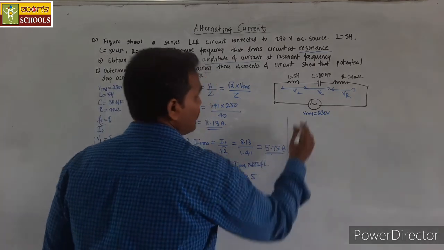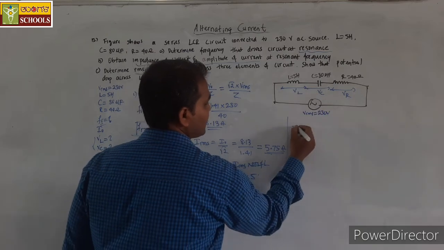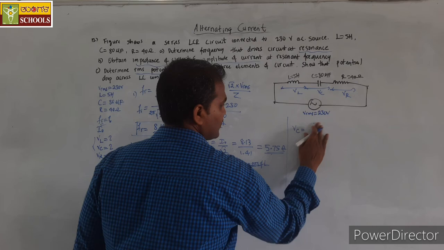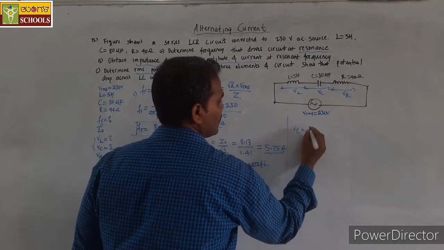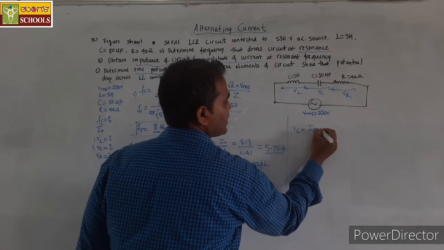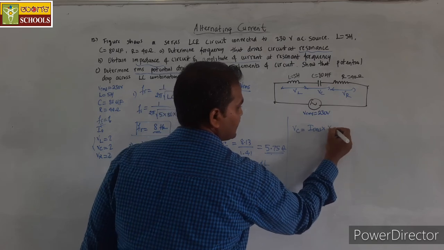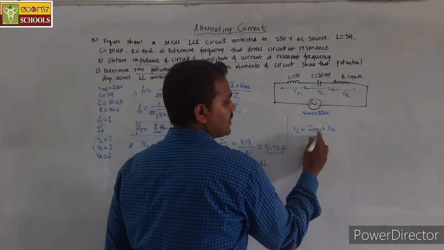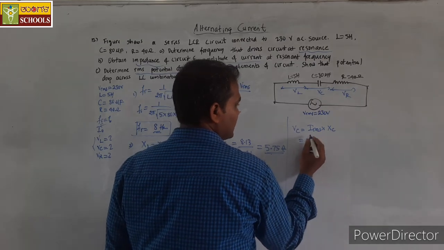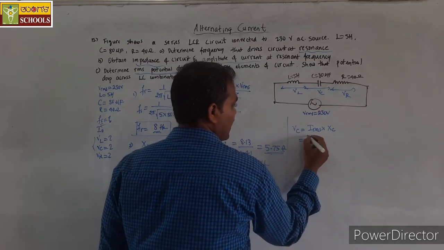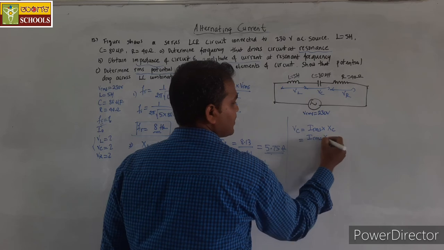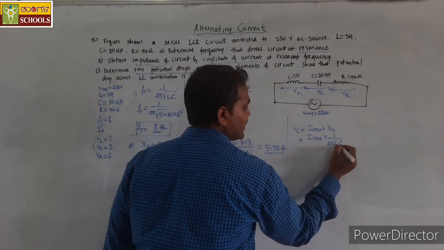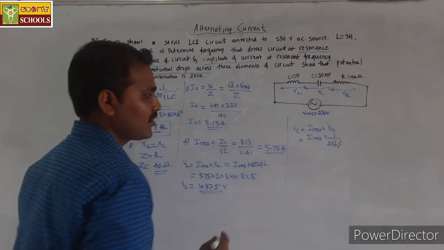Then we shall find the potential drop across the capacitor. VC is equal to current I RMS into XC, where XC is the capacitive reactance. Let us simplify this. XC is nothing but 1 divided by 2 pi F into C. That is the resonance frequency I have to consider.